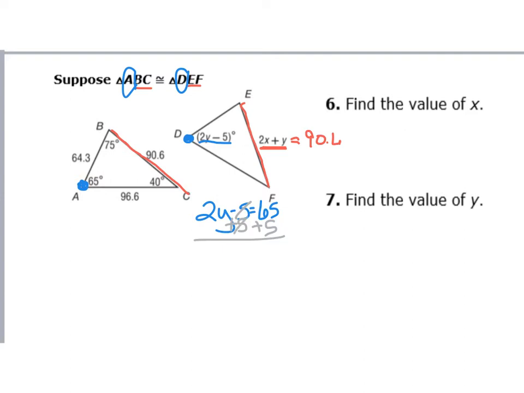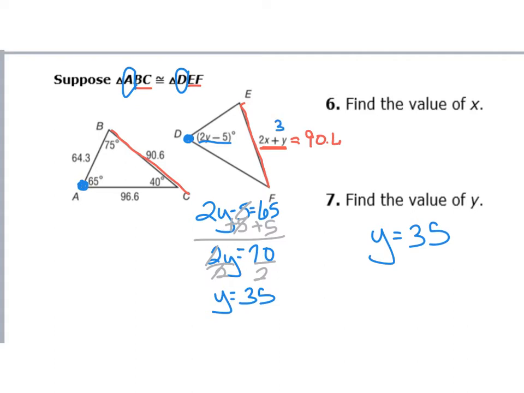I end up with 2y equals 70. So then I divide both sides by 2. And y equals 35. So now if I know what y equals, I can plug that 35 in right here. So I've got 2x plus 35 equals 90.6.